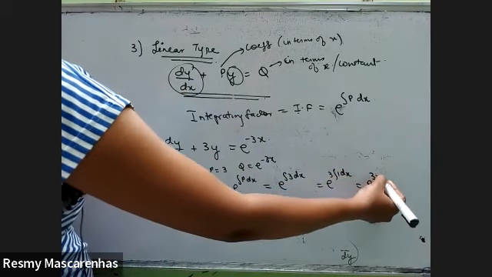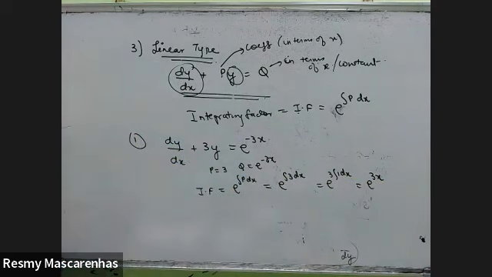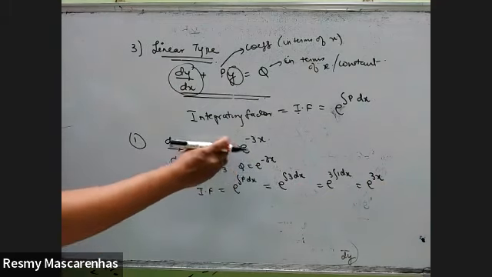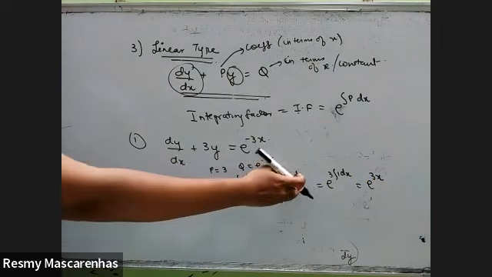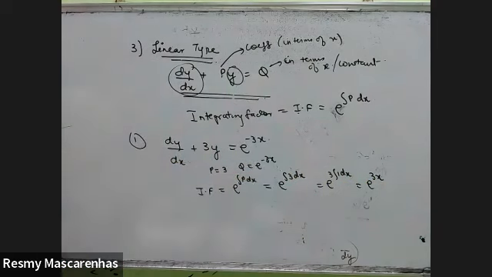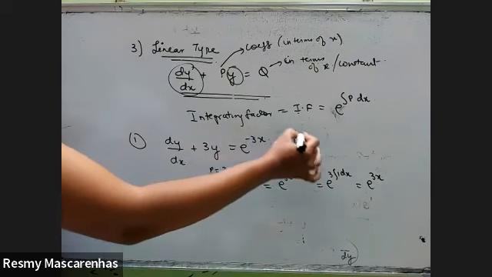The integrating factor is e raised to 3x. You have to take the integral of P: e raised to the integral of whatever is there. So the integral of 3 is 3x. No writing plus c and all, just the normal integral. Mark this as equation 1.